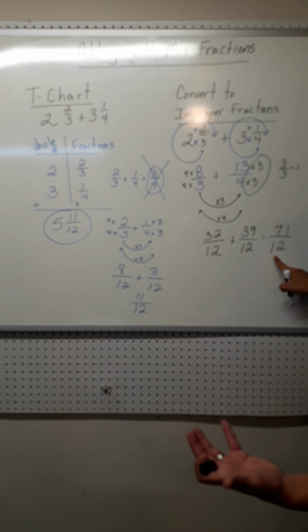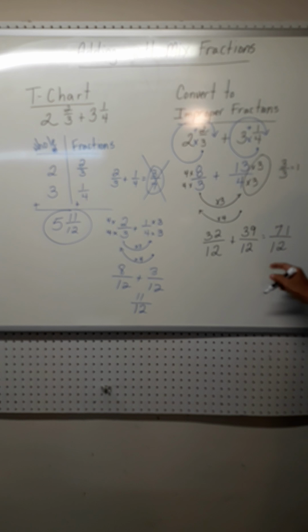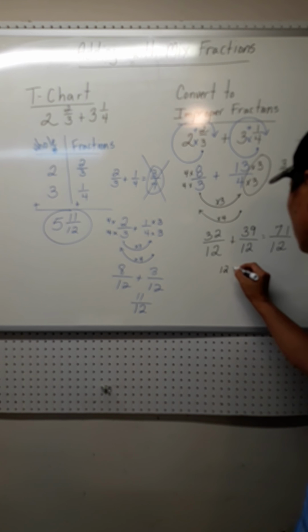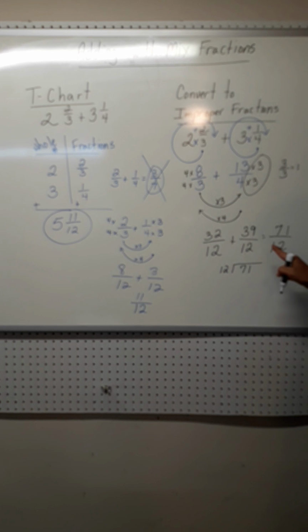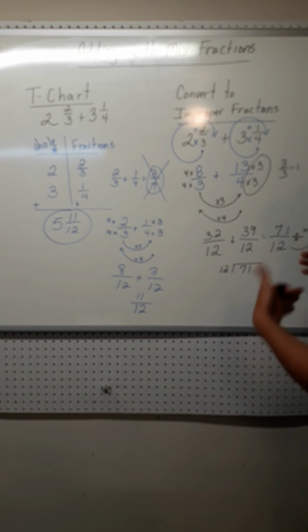Now you're just doing a little long division. Just remember that this fraction bar really means it's a division symbol. So it's saying how many times can 12 go into 71, or 71 divided by 12.